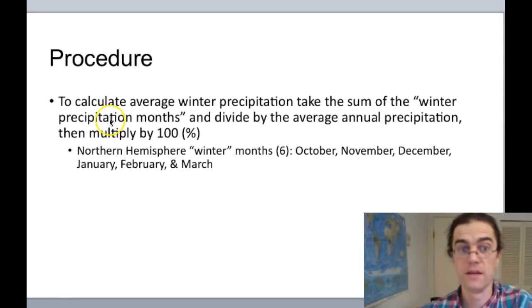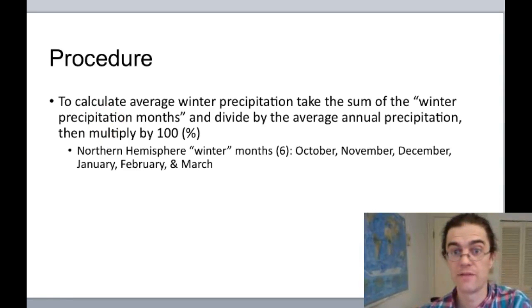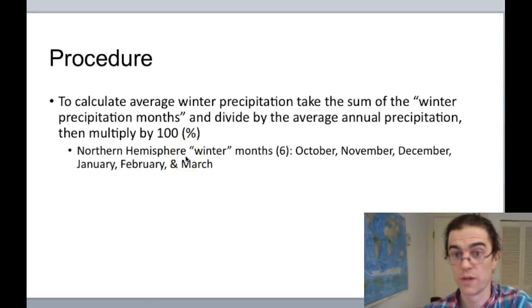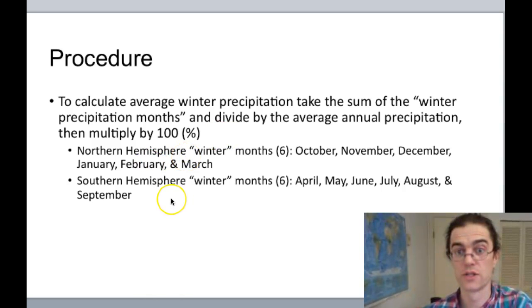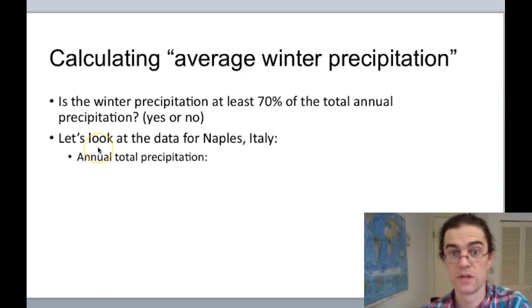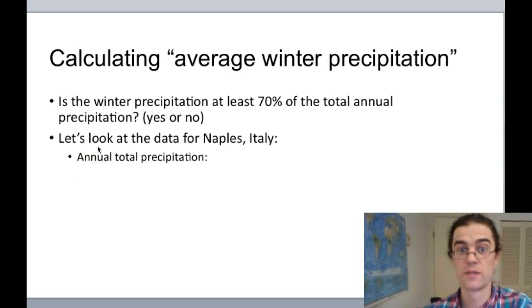To calculate the average winter precipitation, take the sum of the winter precipitation months and divide by average annual precipitation. The northern hemisphere winter months are October through March, southern are April through September. Then the question is: is the winter precipitation at least 70% of the total annual precipitation? Yes or no? That's what the question is going to prompt us.